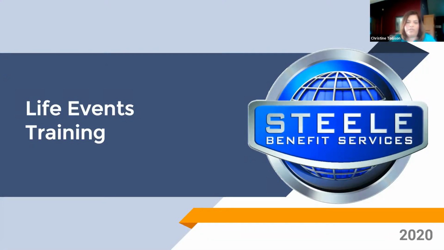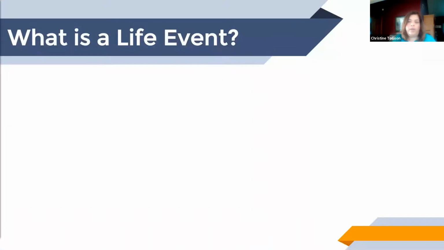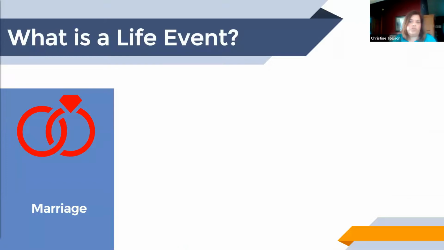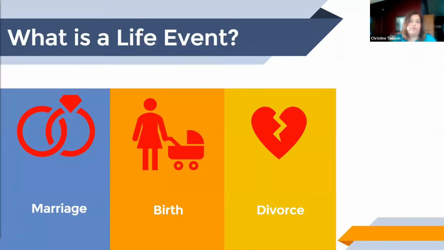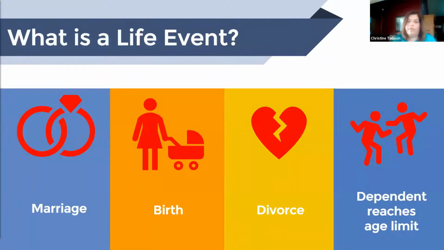Lindsey and I are going to be talking to you about life events: what is considered a life event in our system, demonstrating the process of entering life events, and talking about customization options and troubleshooting. You might know of your general standard Section 125 life events that are very common to an HR user, such as a marriage, a birth, a divorce, or a dependent reaching their maximum age limit.